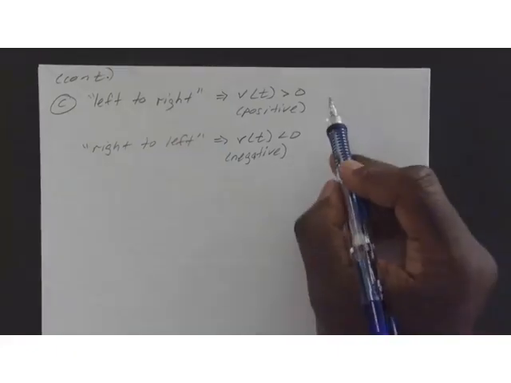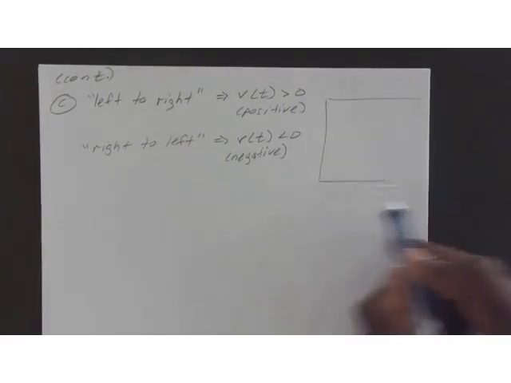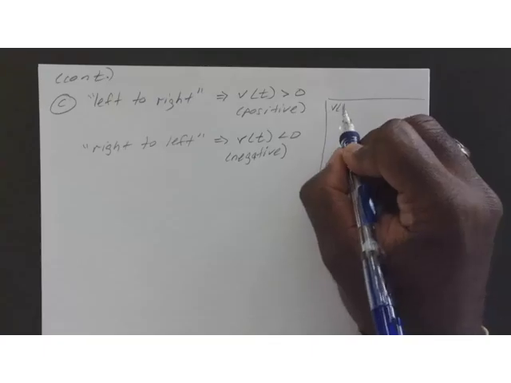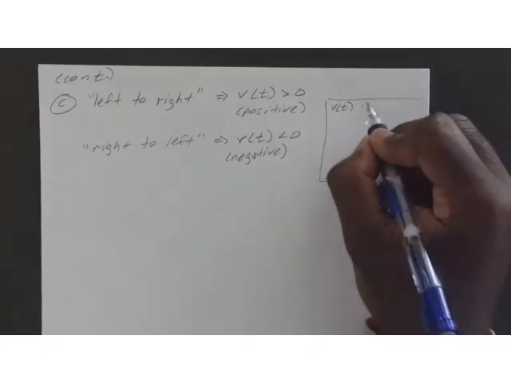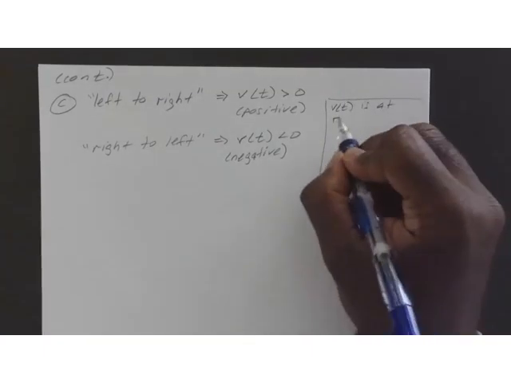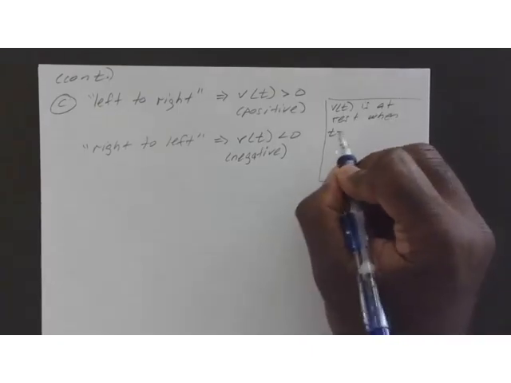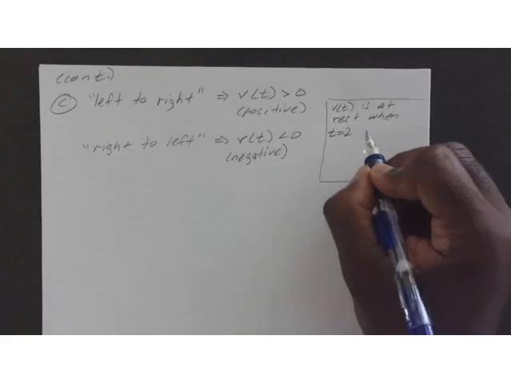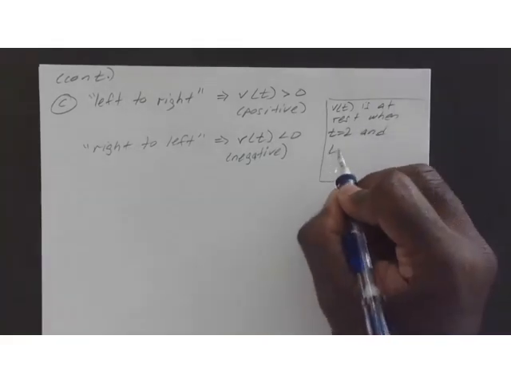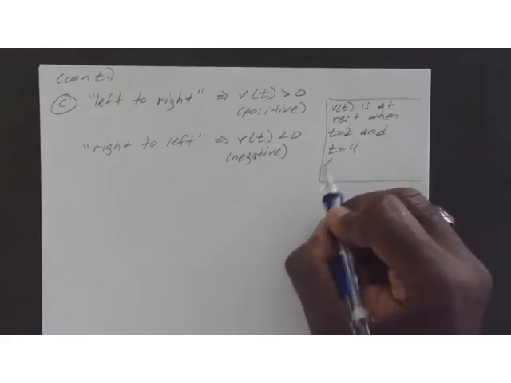Now remember, we already figured out that our velocity is at rest when t equals 2 and t equals 4 from the previous page.